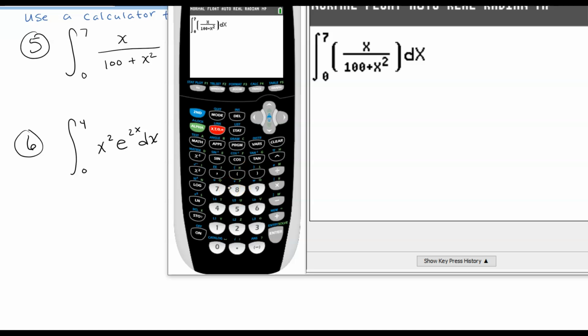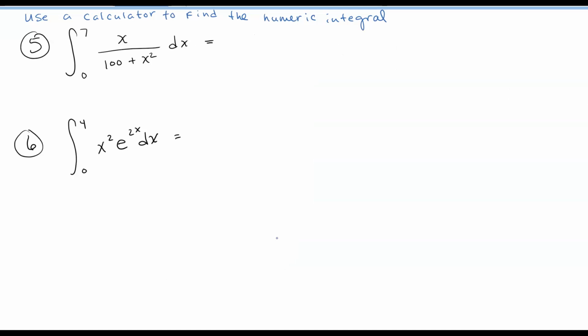We can now find the numeric integral on the calculator, and we just click enter. Let's say 3 decimal places will work for this. I'm going to say it's 0.199. So let's write that as our answer here, 0.199, and we're going to box that. Nothing really to it.